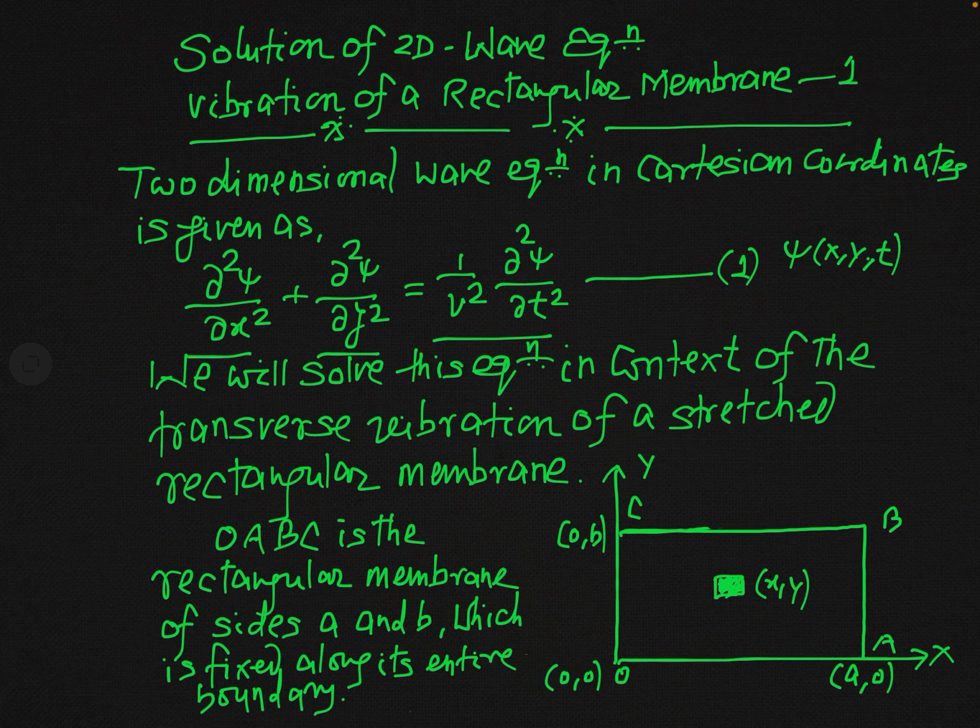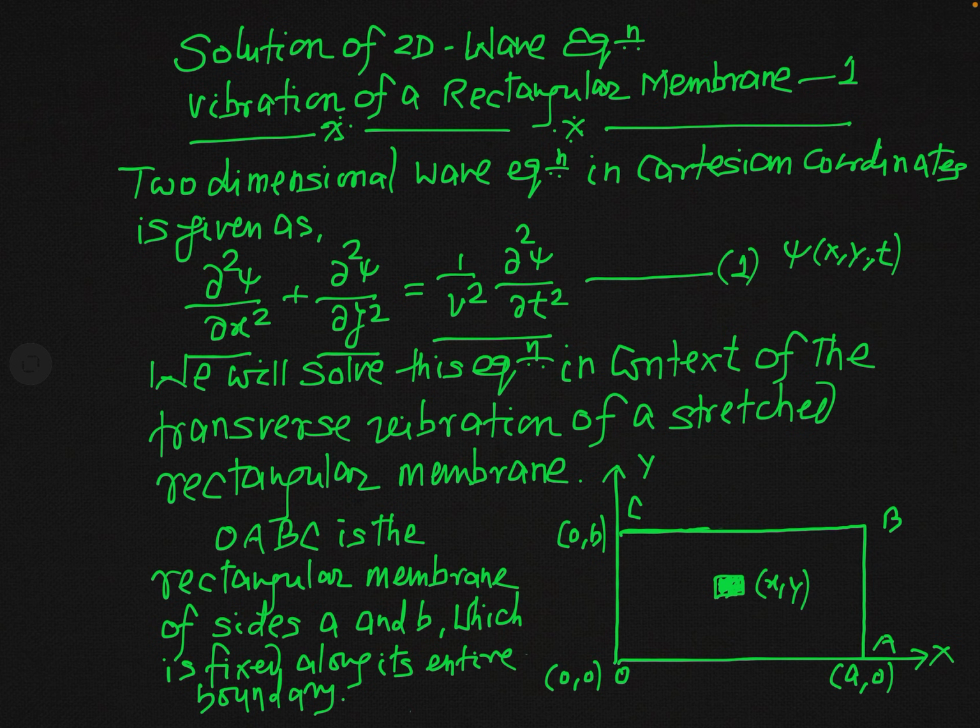So since the boundaries are fixed, any point on these boundaries will never get displaced. Now let us consider a very small element of this membrane. I have shown in this figure that this small element is at a point whose coordinates are x and y.